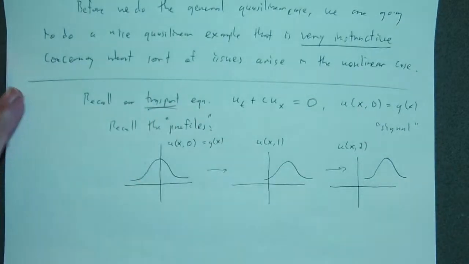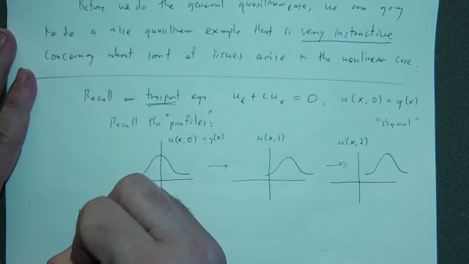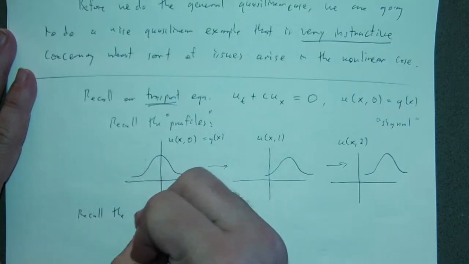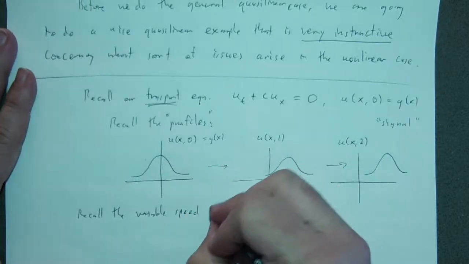What about when we considered the variable coefficient case? Or sorry, not the variable coefficient. I mean, yes, it is variable coefficient, but variable speed specifically. So what about the variable speed case? Let's look this up. All right, let's recall the variable speed transport equation.